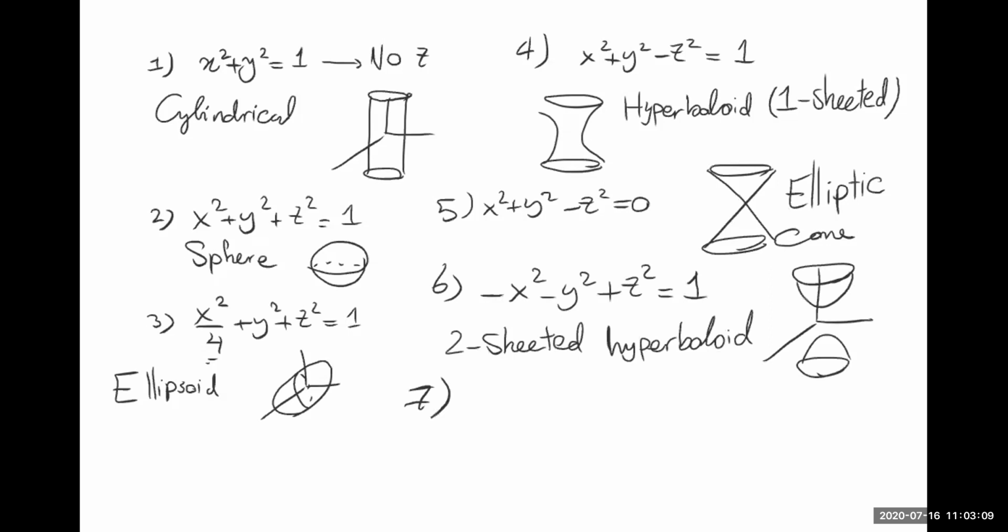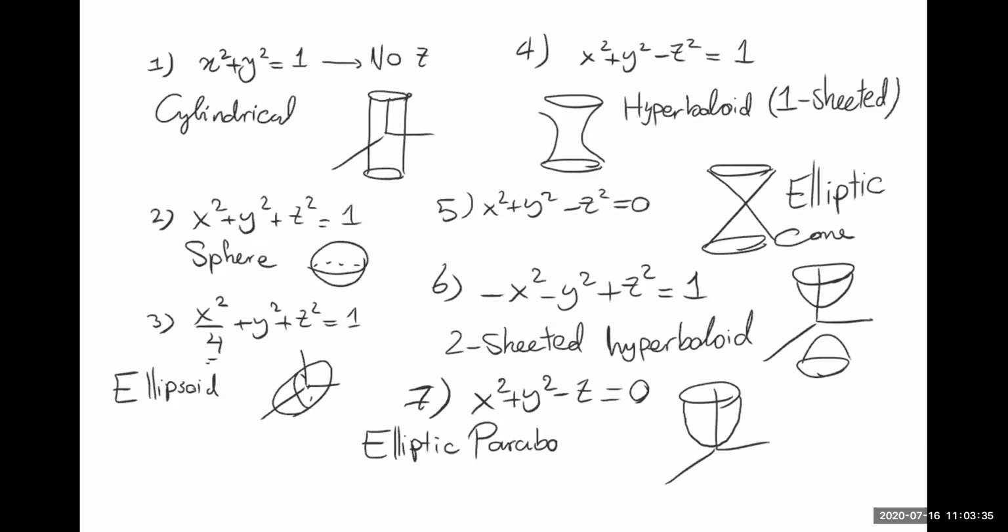And then we have what we just saw, x squared plus y squared minus z equals 0. It would be something like this. We have just one of these sheets here, and it's called an elliptic paraboloid. The names don't matter much, but it's good to know them. If you want to take a screenshot from this page, you can do that.